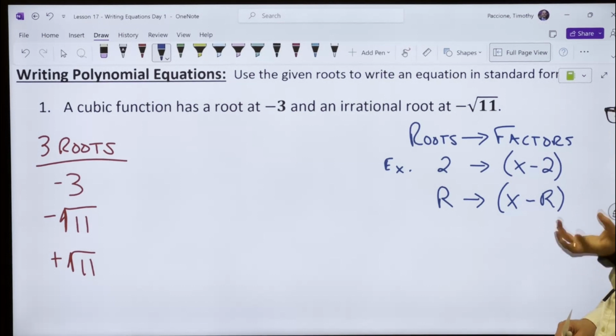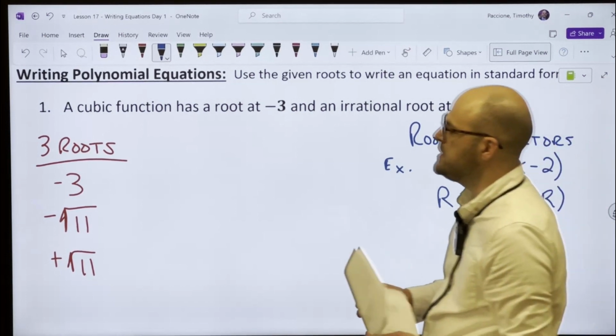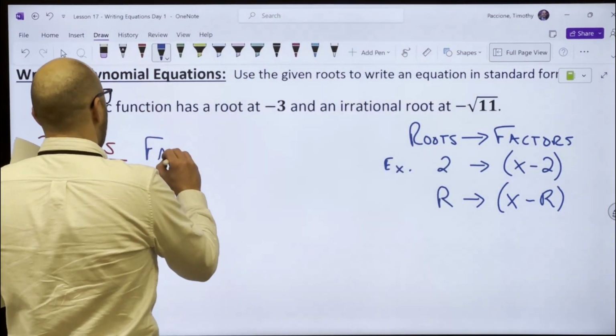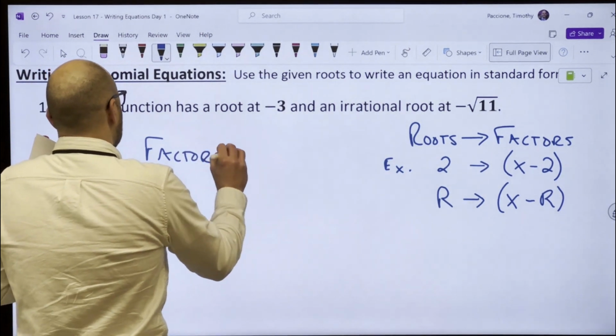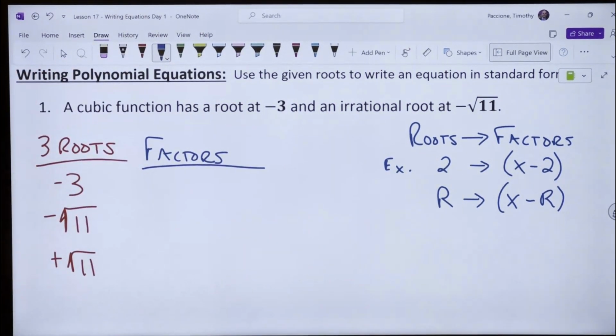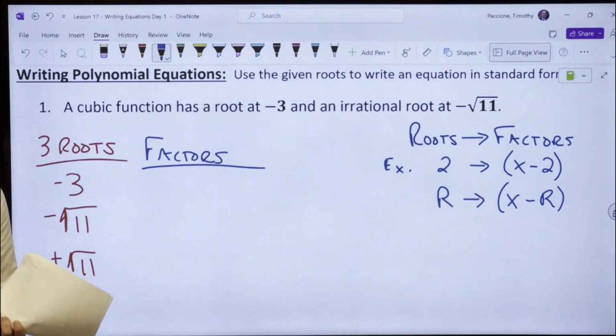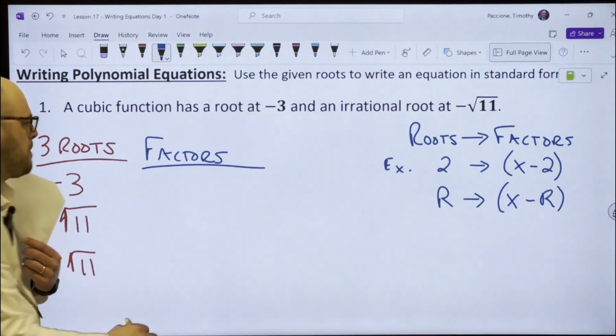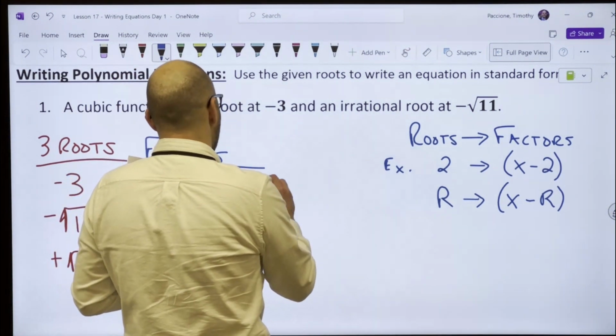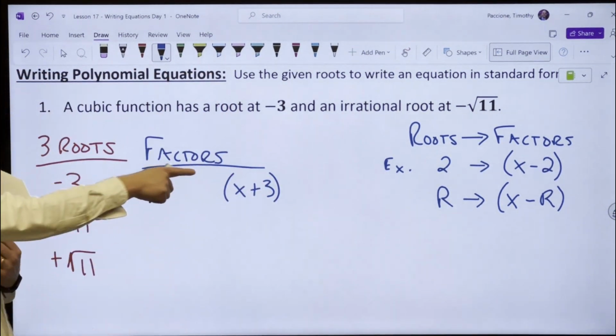Now, it's pretty easy when we have a number, right? For instance, if we're trying to find our factors here, well, if I have minus 3 as my root, what's my factor? It's x plus 3, right? And we just jump to that. But why? Well, think about what we just did.